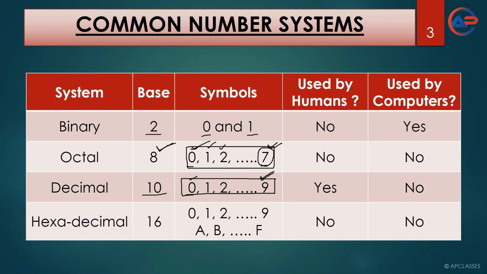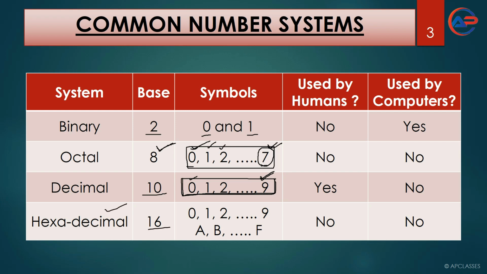But when we are thinking about decimal number system, all the numbers containing the digits 0 to 9 can be formed. So decimal number system is the most accepted number system, the number system which we use in our day-to-day life.